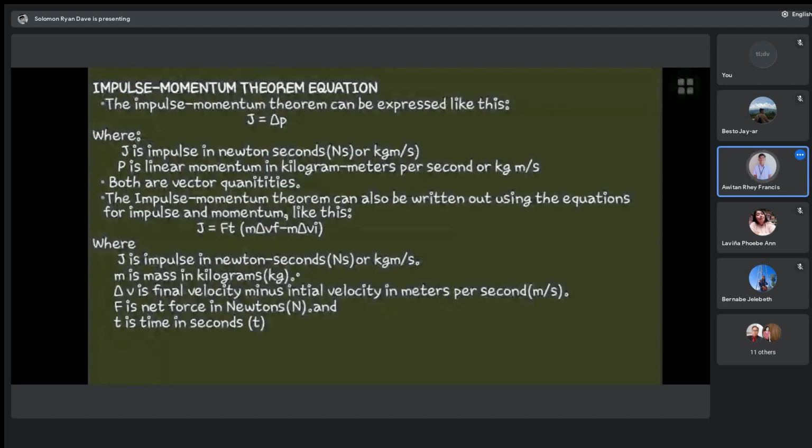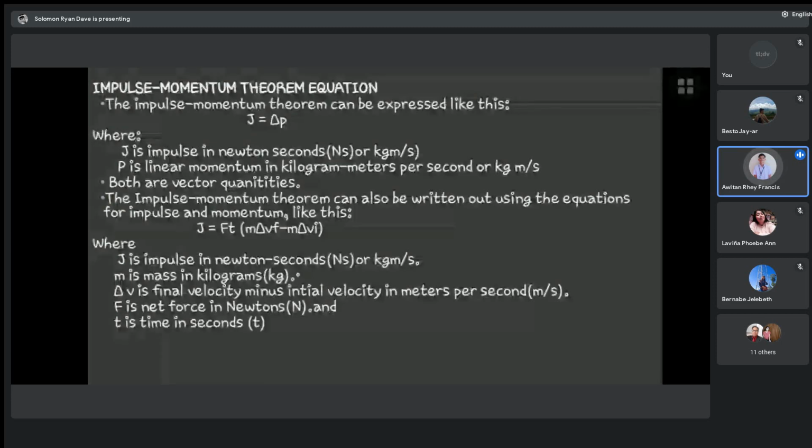Theorem equation. The impulse momentum theorem can be expressed like this: J equals delta P, where J is impulse in Newton seconds or kilogram meter per second, and P is linear momentum in kilogram meter per second. Both are vector quantities.